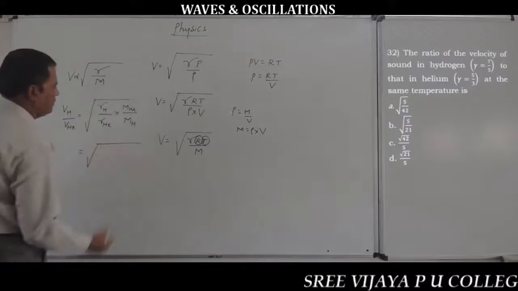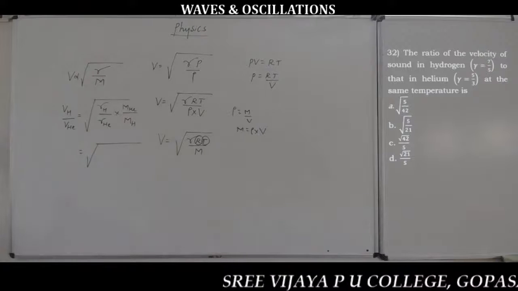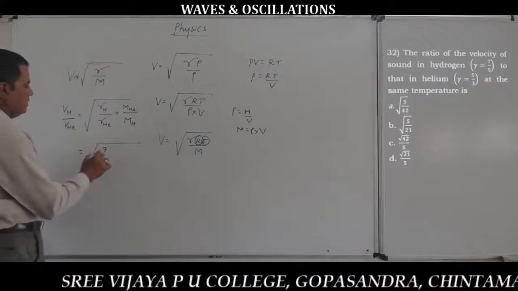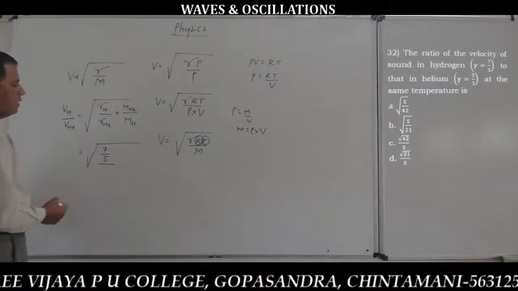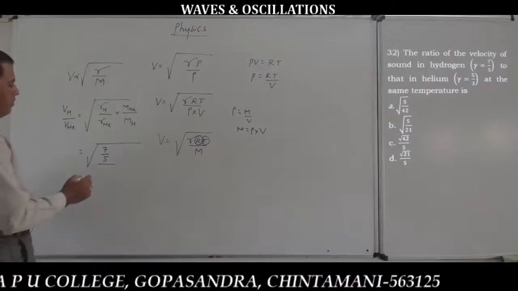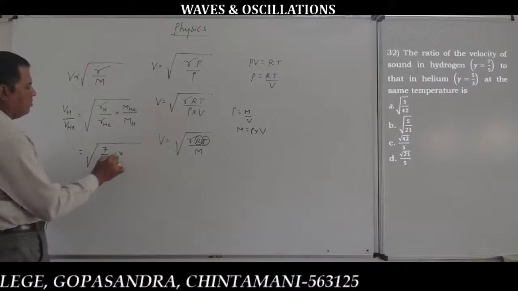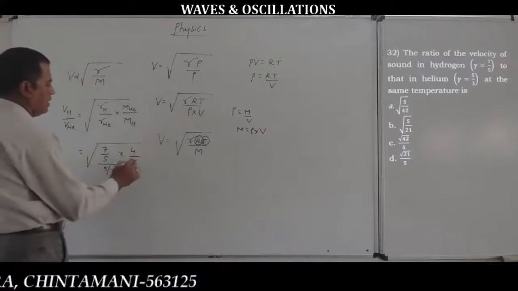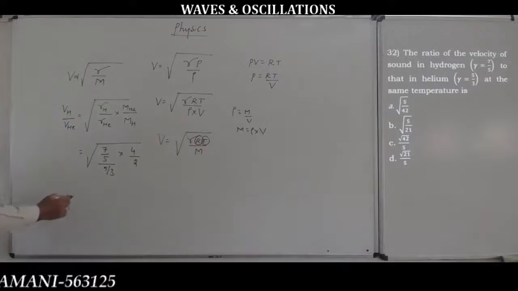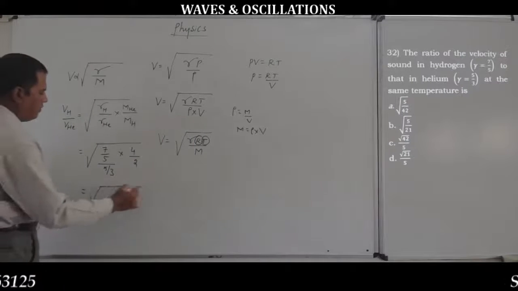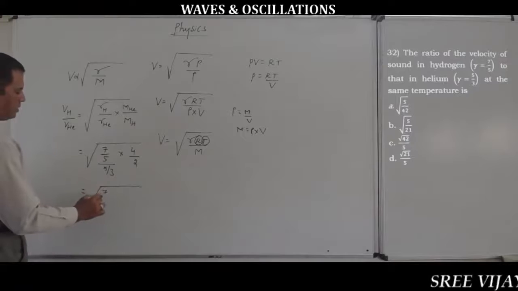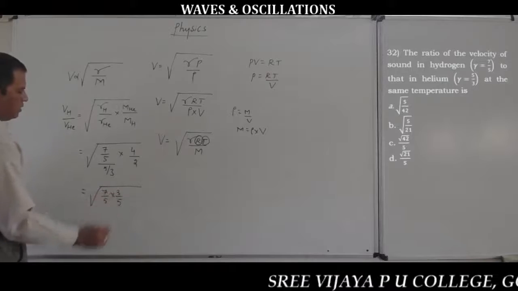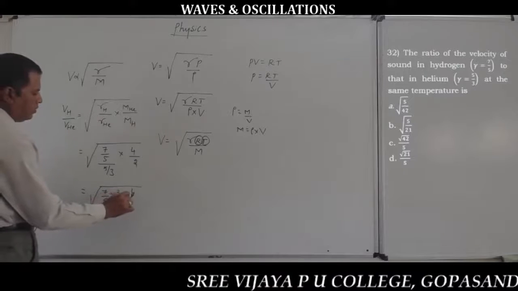Square root of gamma for hydrogen, it is 7 by 5 divided by 5 by 3, multiplied by helium 4 by hydrogen 2, is equal to square root of 7 by 5 into, take the reciprocal, 3 by 5 into 4 by 2.